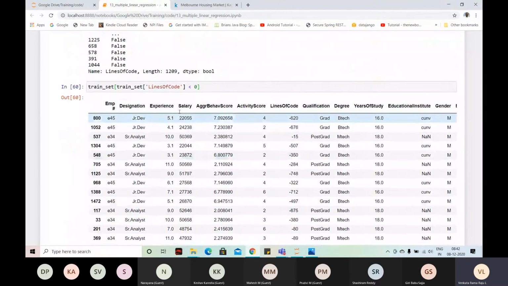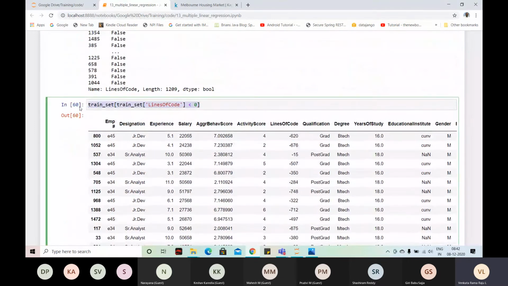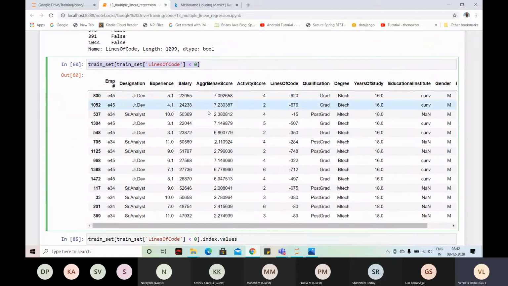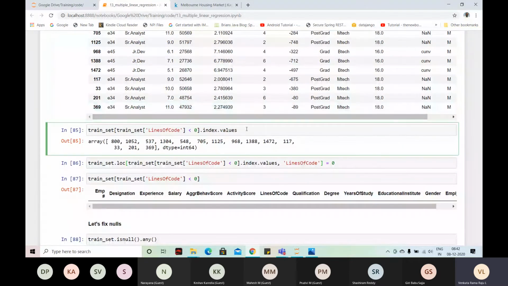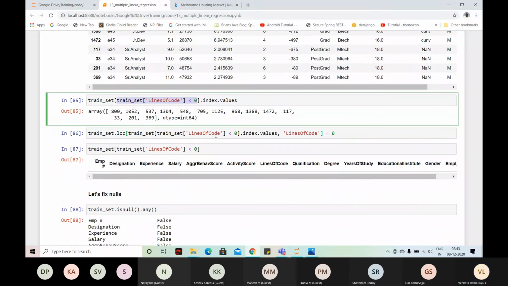Okay. So filtering is very useful in data analysis and curation. I filtered it, and I am looking at the indexes where this condition is being satisfied, and then I took all those places and am trying to replace them with 0. See this, data frame dot loc, and then I took the indexes.